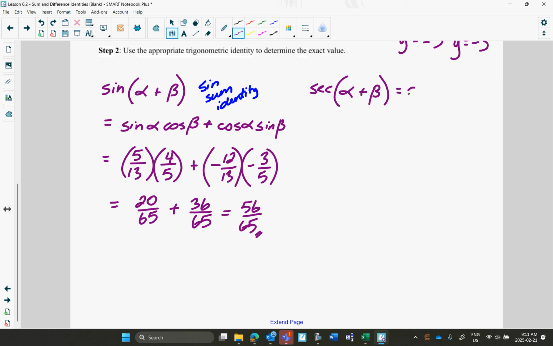Just do cos alpha plus beta. And remind yourself to flip. So cos alpha plus beta, going back, that's the cosine sum identity.